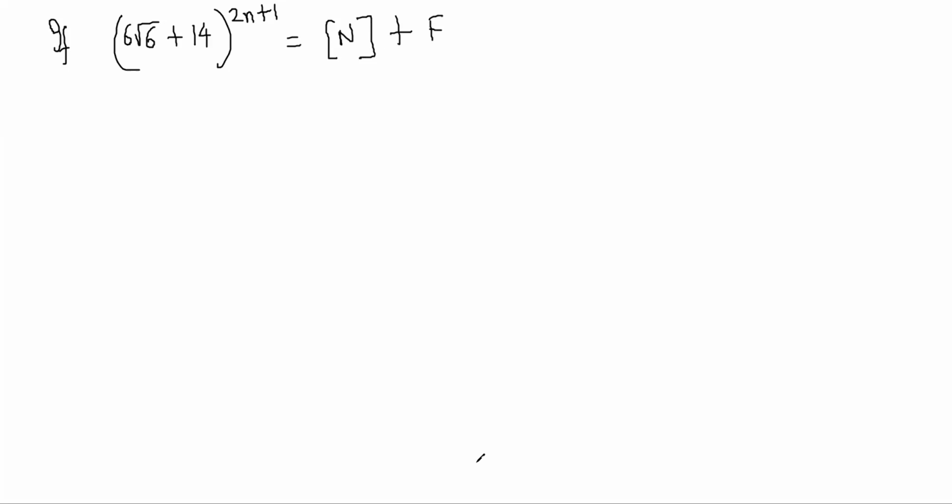The question is, if (6 root 6 plus 14) to the power 2n plus 1 is equal to GIF of N plus f, here f is equal to N minus GIF of N. Basically, f is the fractional part of capital N. You understand the meaning of GIF and fractional part, no? Then what is he asking? Find N into f.